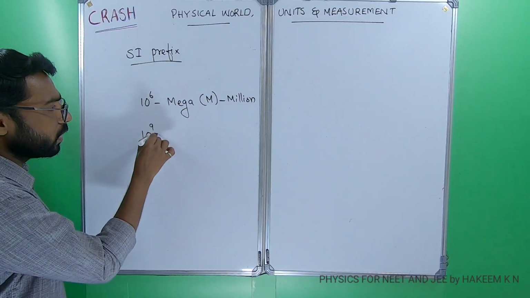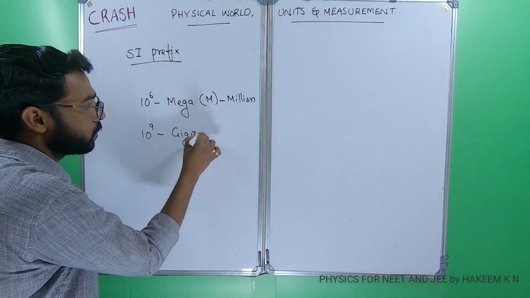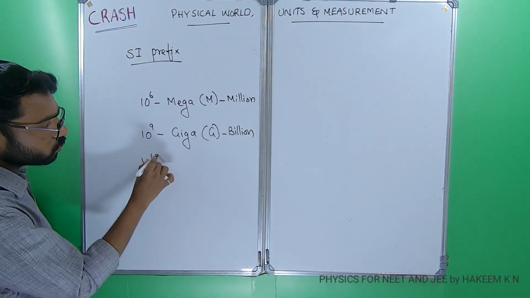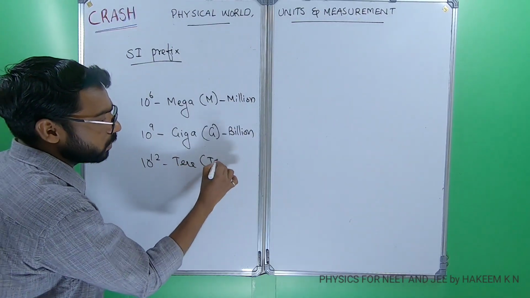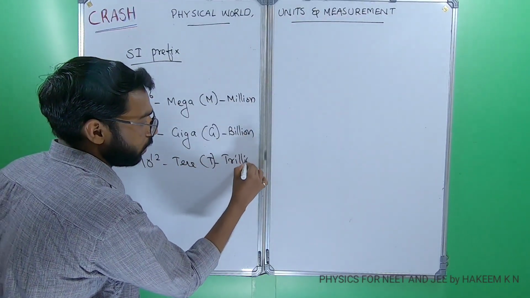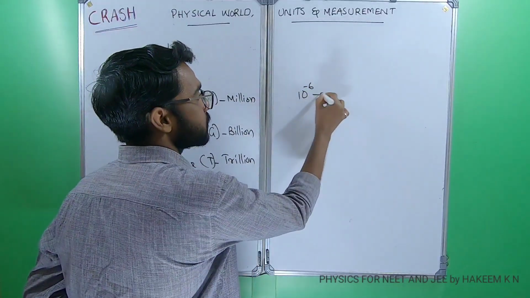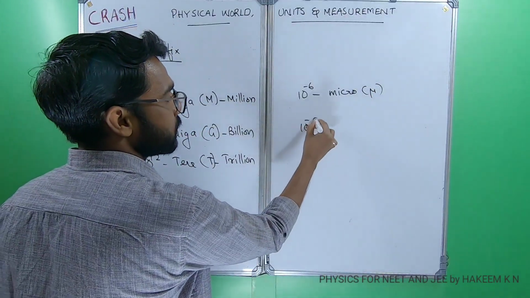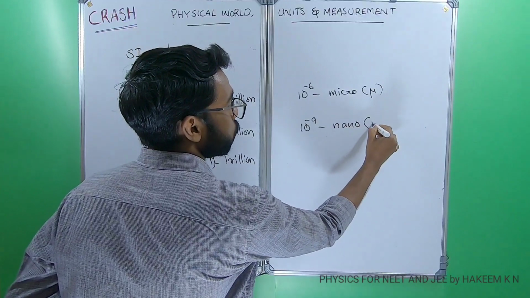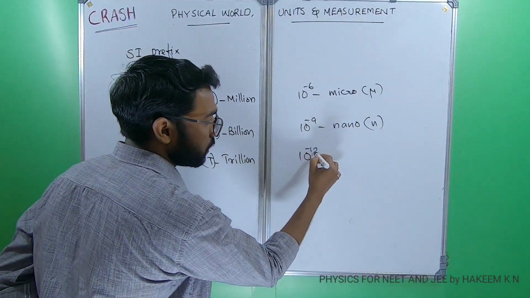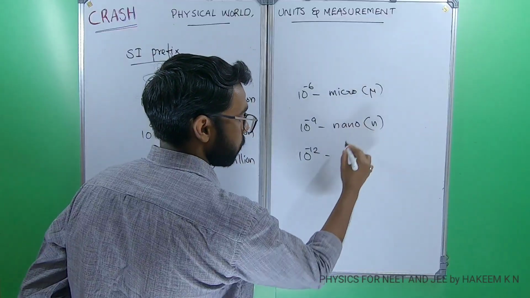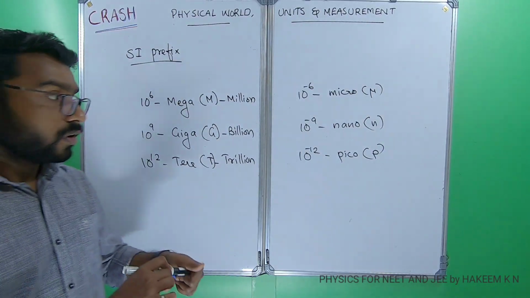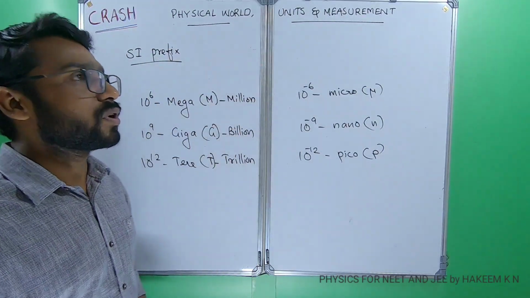Like that, 10 power 9 is giga, capital G, it is called billion. 10 power 12 is tera, capital T, it is also called trillion. 10 power minus 6 is micro, the symbol is mu. 10 power minus 9 is called nano, small n is the symbol. 10 power minus 12 is called pico, small p. Like that, we have lots of SI prefixes to study.